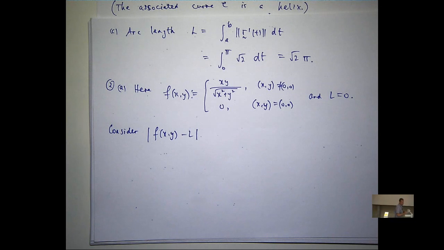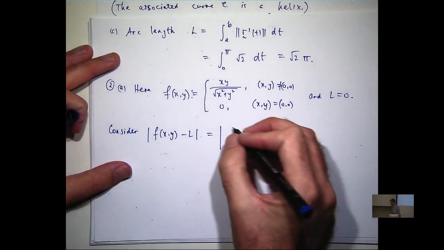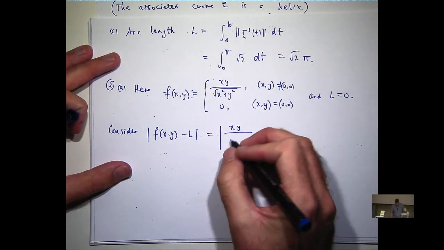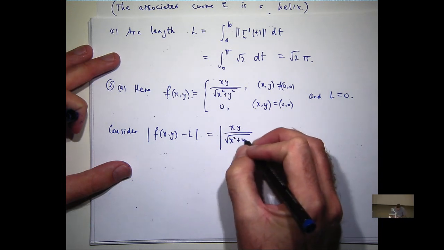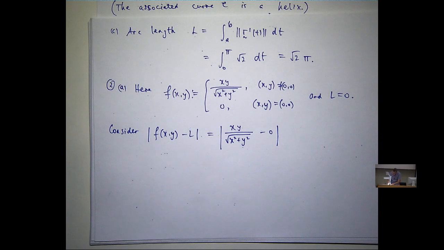That's the thing you're aiming for. You're trying to get this bottom line into something like root x squared plus y squared. Now, of course, here I'm assuming that x and y are not 0, 0.